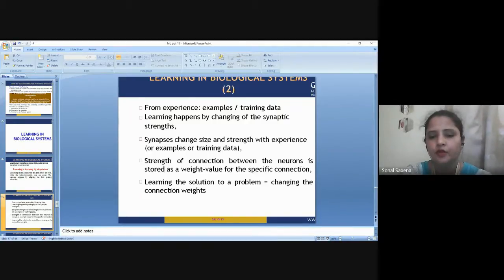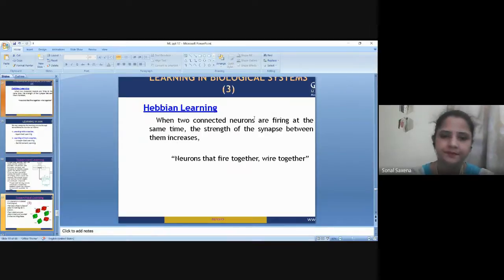The strength of a connection between neurons is stored as a weight value for the specific connection. Learning the solution to a problem is actually equal to changing the connection weights.